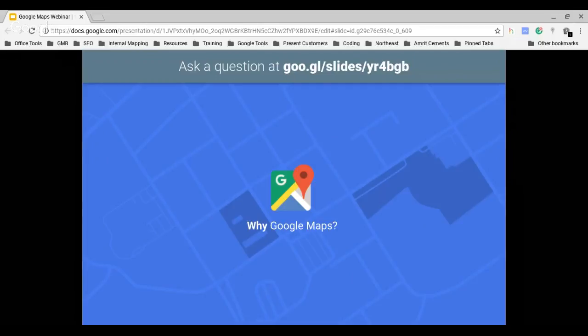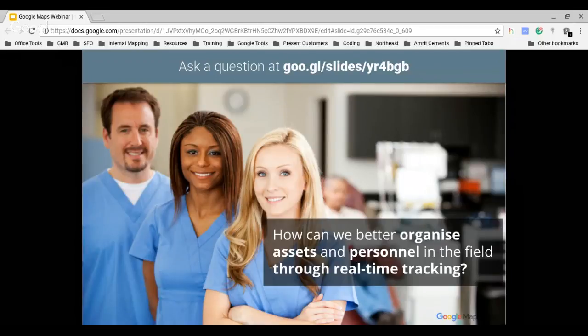But why go for Google Maps in a particular commercial scenario or for the healthcare industry, right? So there are a few questions that we like to ask. So number one would be that how can we better organize assets and personnel in the field through real-time tracking, right? So these assets and personnel can be your medical reps, your phlebotomists, your nurses who are going to visit a particular patient.